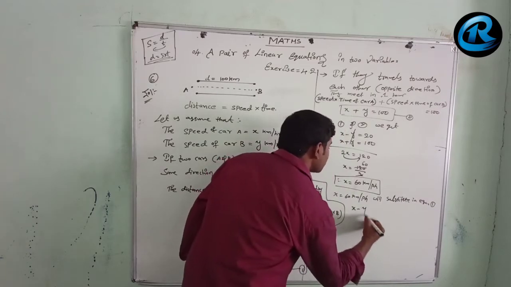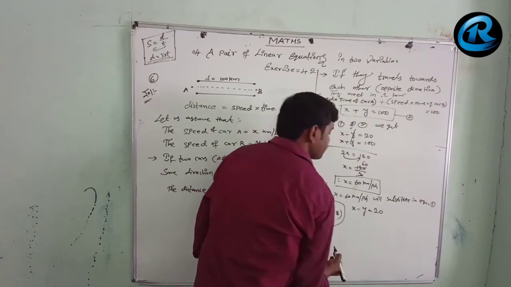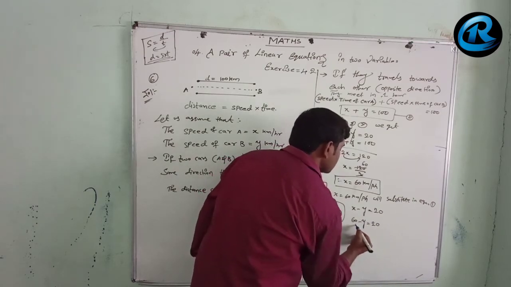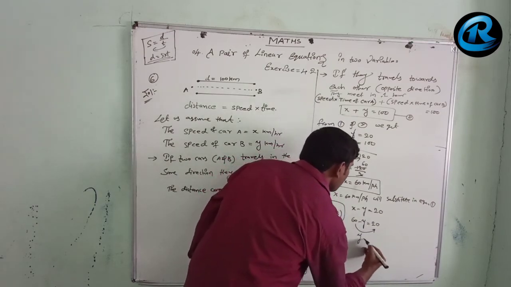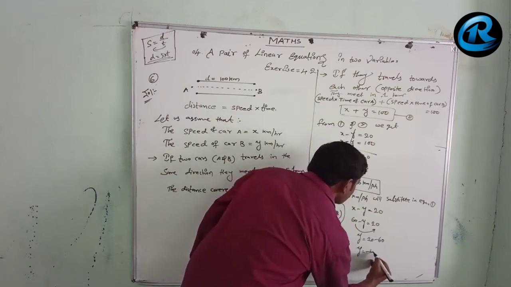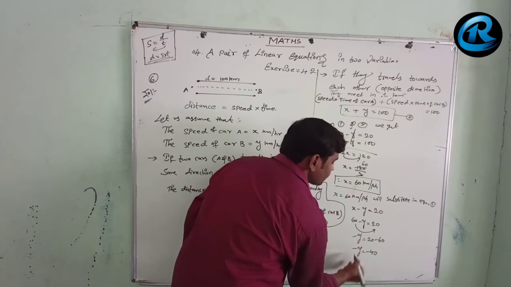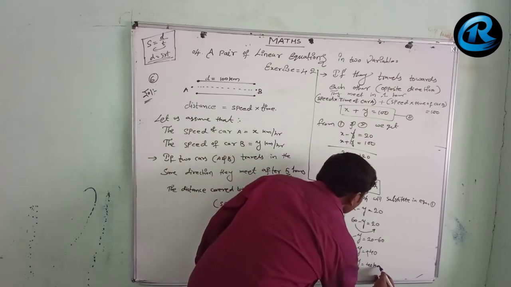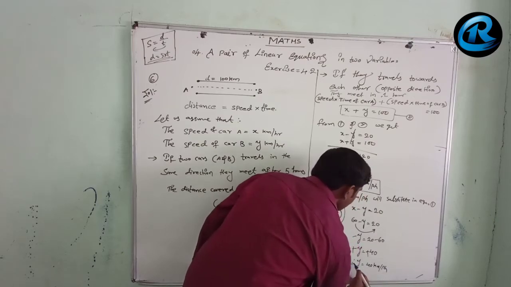What is equation number 1? x minus y equal to 20. x value 60, no? 60 minus y equal to 20. This 60 you transfer this side. Minus y equal to 20 minus 60. Minus y equal to minus 40, so minus minus get cancelled. y equal to 40 kilometers per hour.